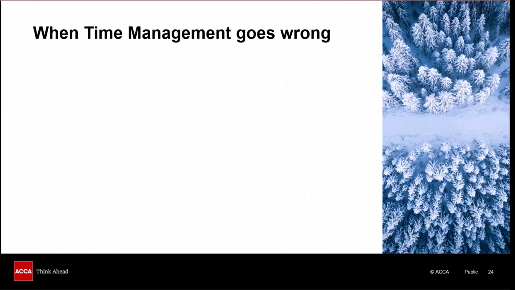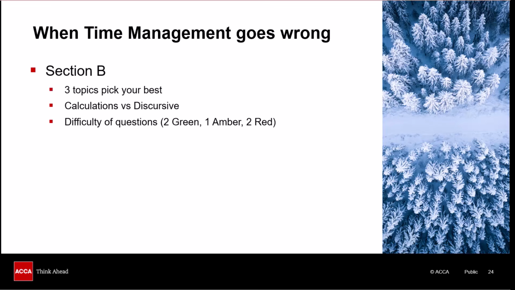Now, what do you do when time management goes wrong? Let's suppose you're in a financial management exam and you've completed section A and C, and you're now running out of time on section B. So with section B, there are 3 topics, so you should pick your best to tackle first.